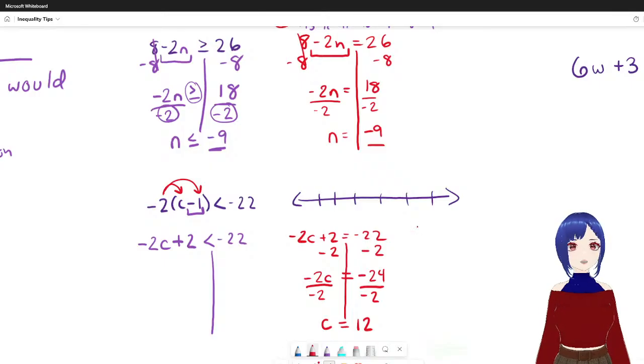So I did the whole equation this time. I'm just going to copy the steps for the inequality, because remember, what we did for solving the equation will be the same as for solving the inequality. So the opposite of adding 2 is subtracting 2.